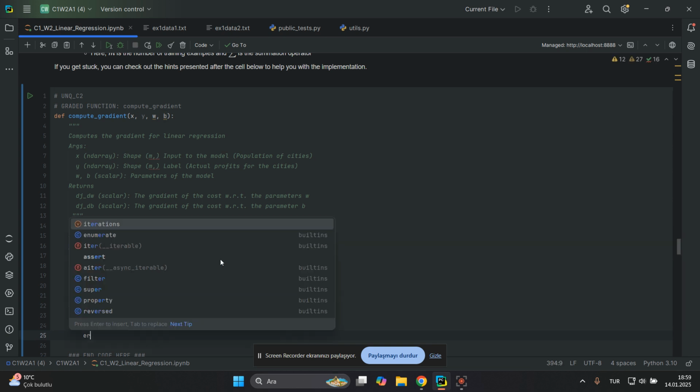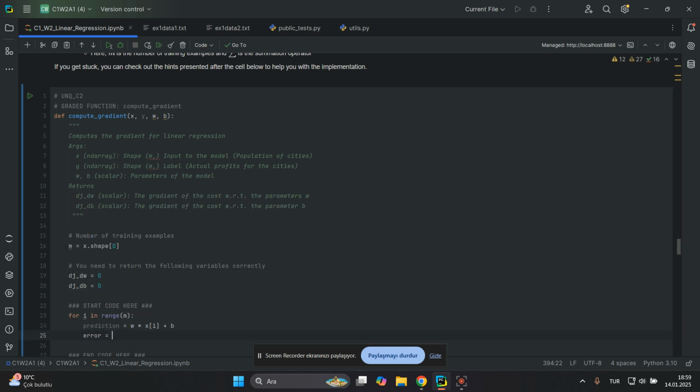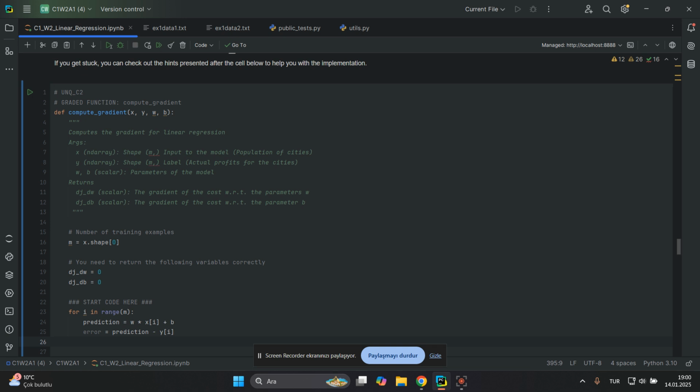After that I have to define an error section. The error is prediction minus y[i].